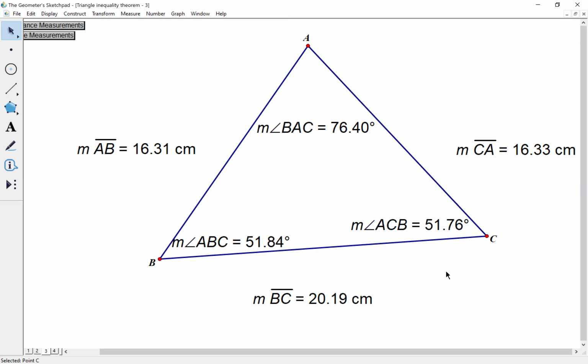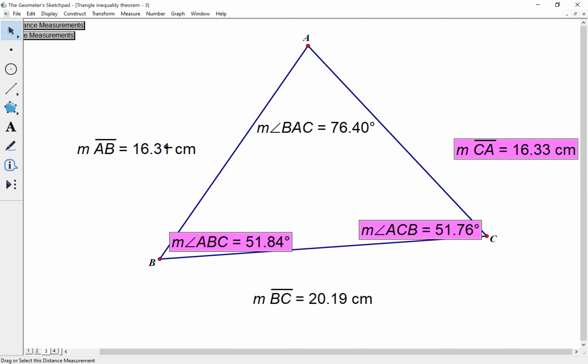Okay, I'm almost there. But look at these two angles, almost equal. Look at the two sides. They're opposite from each other, almost the same. I really couldn't get it exact, but if I would have been able to get the two angles that are equal, then guess what? The two opposite sides are equal.